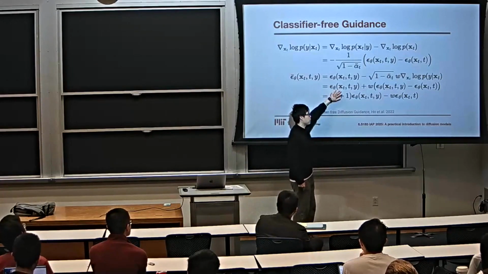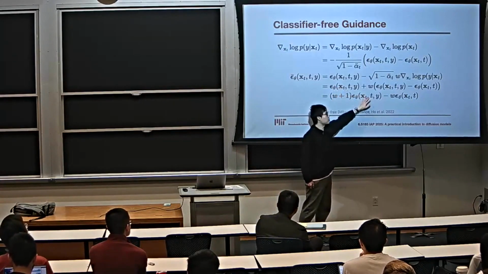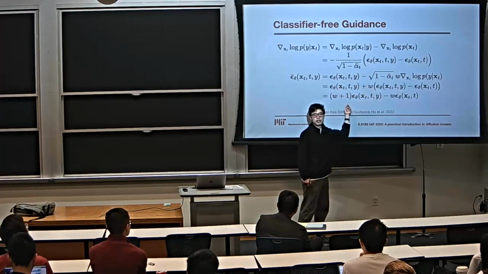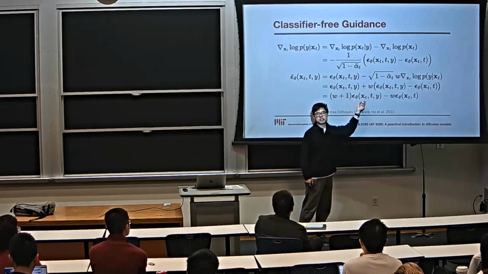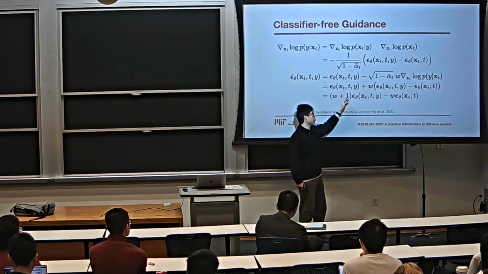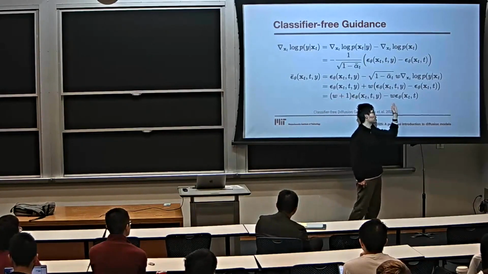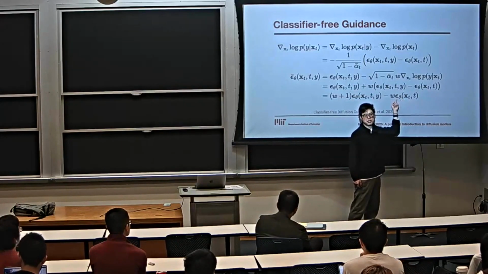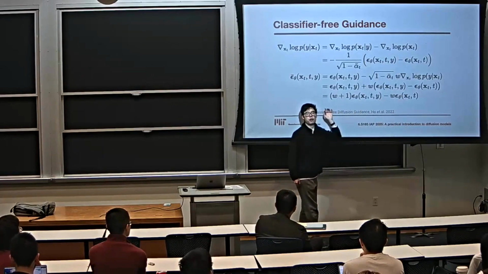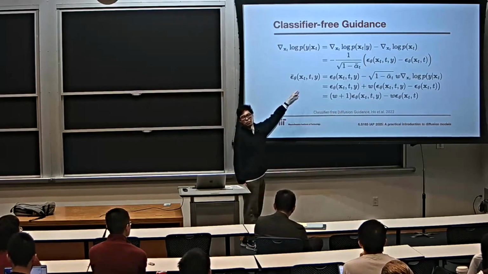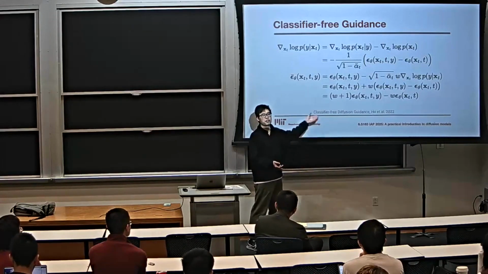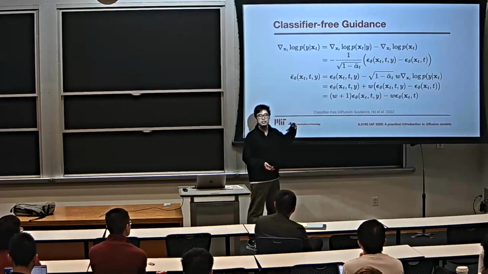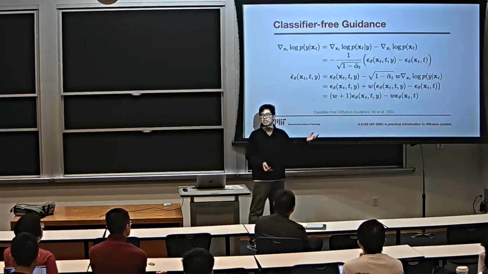So let's say our neural network is trained with conditional label y, and this is the epsilon. This is a conditional neural network that's done the easy way, and we take its output times some constant, and we take the output of your unconditional model times some constant, and we add them together to form the final output of your neural network. It's like you combine the output of 2 diffusion neural networks together to get your final one, and sample with the final one to achieve your sampling for classifier-free guidance.